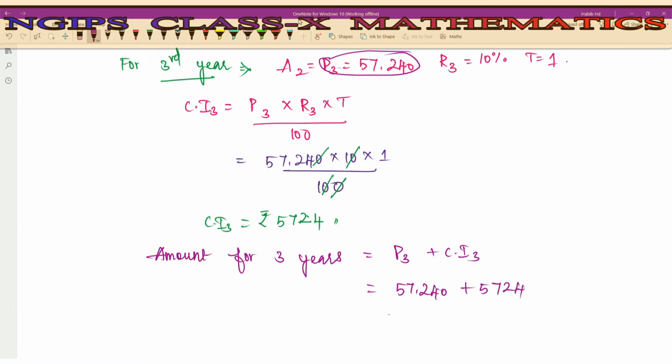So here 0 plus 4 it is 4, 4 plus 2 it is 6, and 2 plus 7 it is 9, and 5 plus 7 it is 12, 2 remainder 1, 6. So finally we need to pay 62,964 rupees. Therefore amount for 3 years is equal to rupees 62,964.